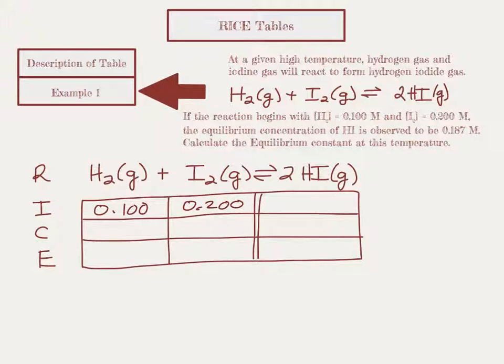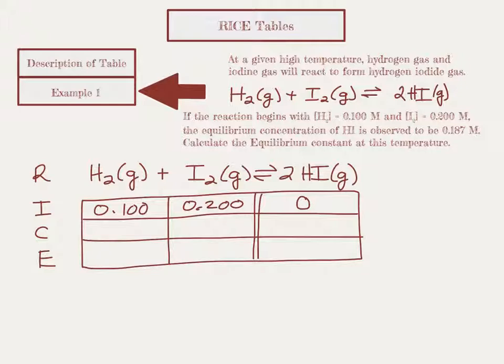I feel at this point, because we weren't given an initial value for HI, that I'm going to assume that I didn't have any at the beginning. Several problems will tell you something along the lines of the 2 reactants are put in an evacuated container. That is also another word key to know that those are the only 2 things in there. There aren't any starting products.